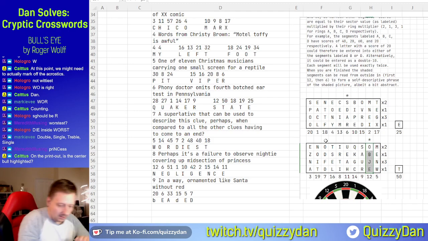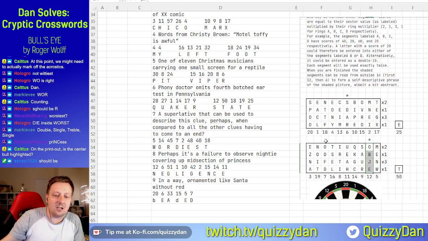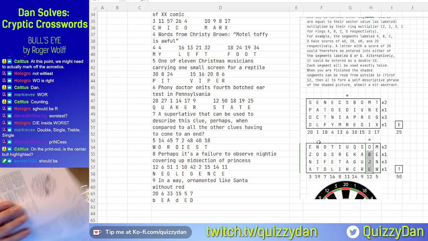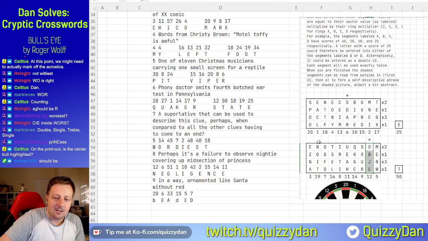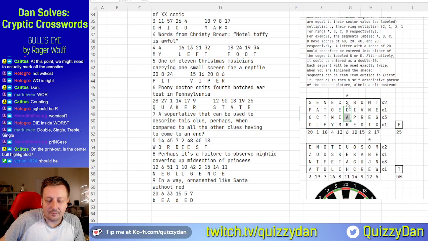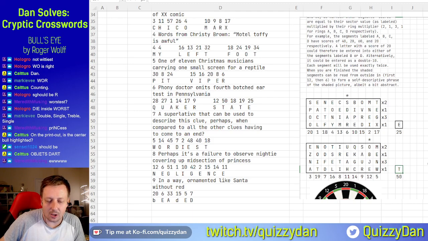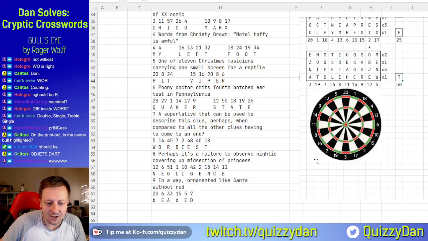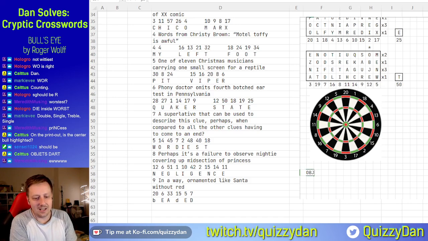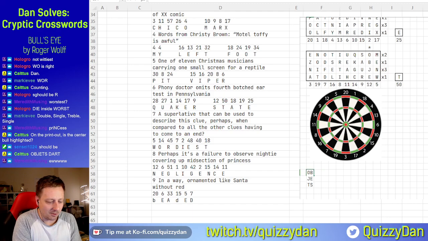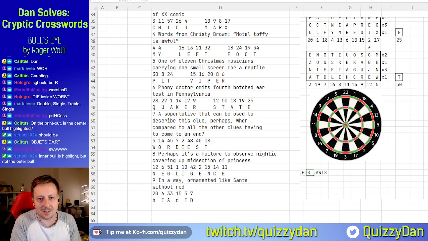It might be. Hang on. Yes, just the centre ball, not the inner ball. Sorry, yes, I hadn't spotted that the inner ball was not highlighted. So it's objet, objet d'art, because you go back to the centre again. So it is objet d'art, which is a lovely pun because they're objects of darts.